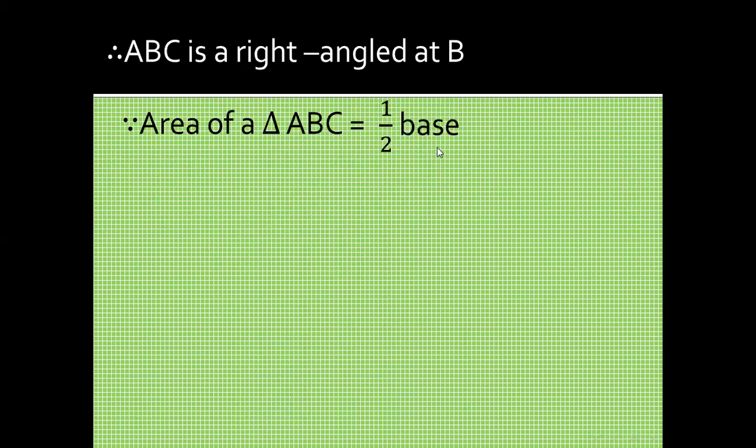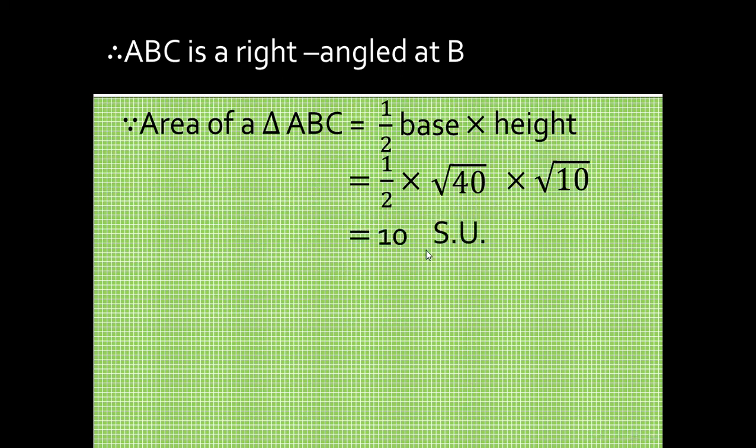Then write half times base times the height equals half times base BC. We find BC root 40 times height root 10. By using your calculator, then the area equals 10 square units.